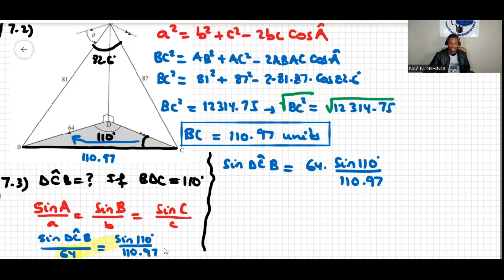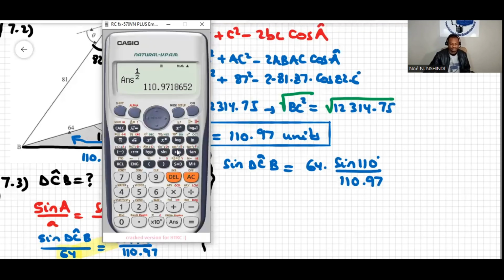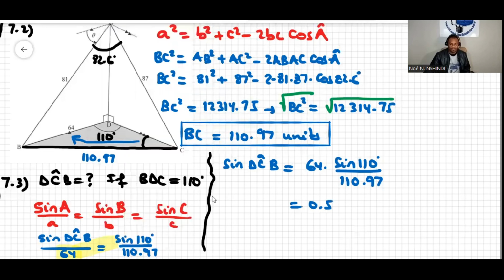Then we can use the calculator for that. We do 64 times sine of 110, close brackets, over 110.97. So this would be 0.54.